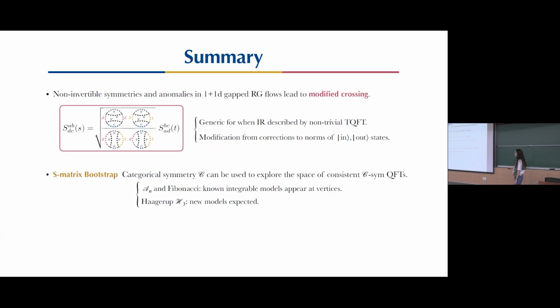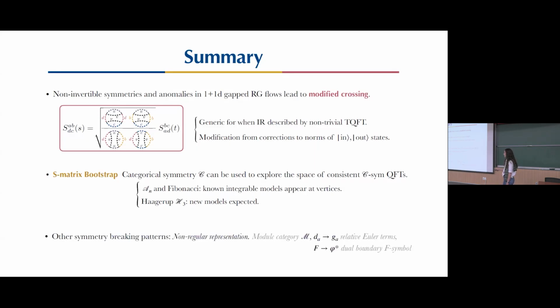Then the second part, I told you how you can do S-matrix bootstrap with these symmetries and get some integrable models at special points for well-known categories. For Haagerup, new models are expected.